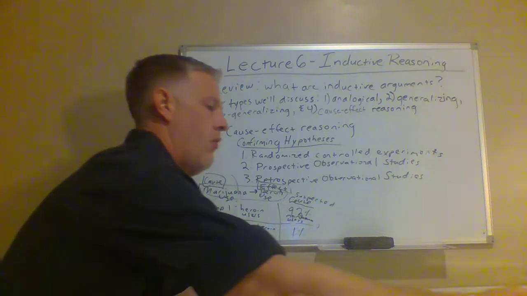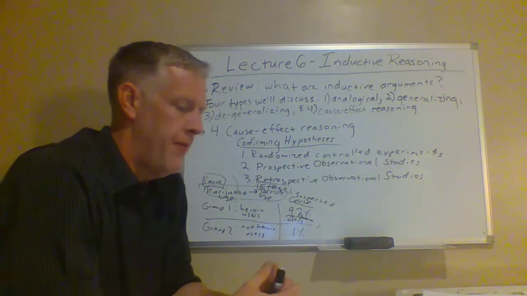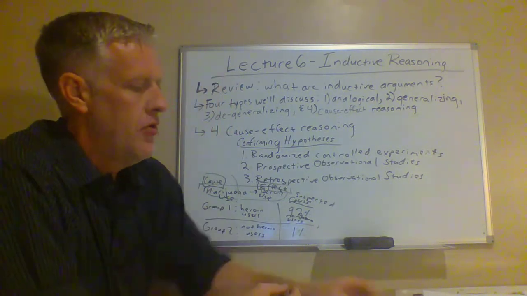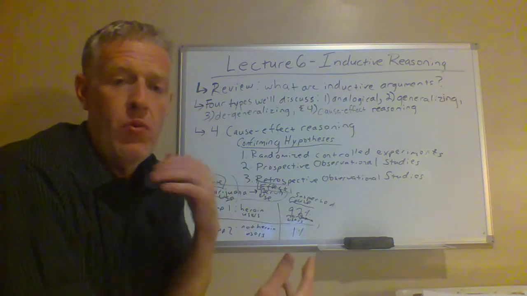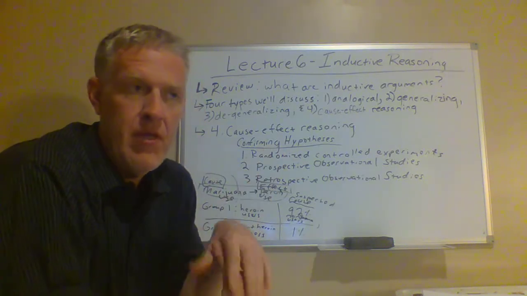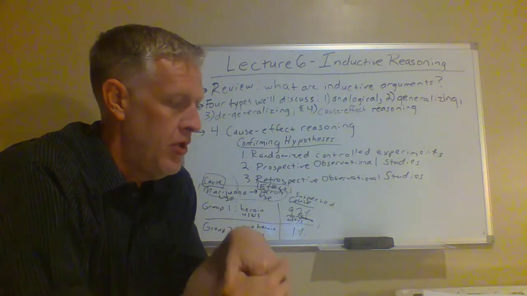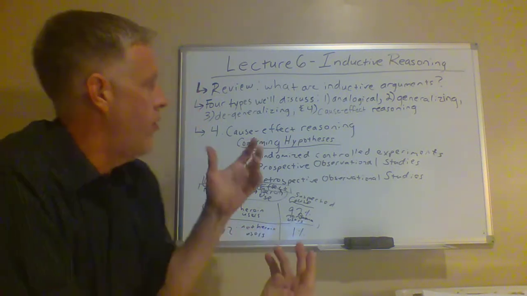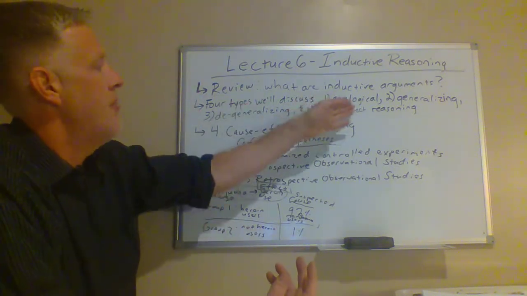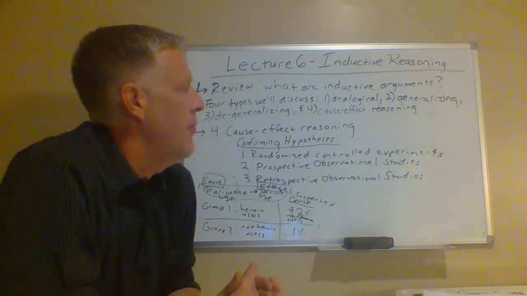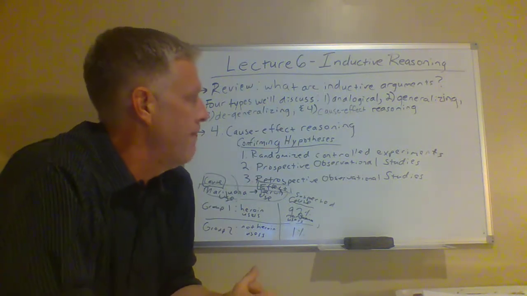Okay, we went through quite a bit there. Just to quickly rehash, we reviewed what inductive reasoning is in general, or what inductive arguments are in general, and then we went through in much more detail the four types of inductive arguments or inductive reasoning that we come across.